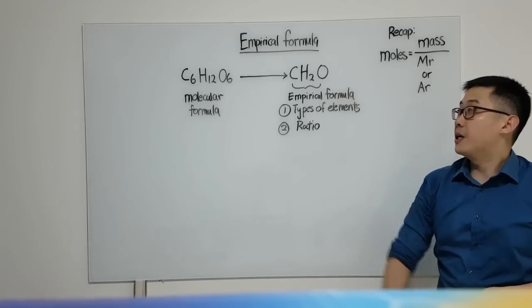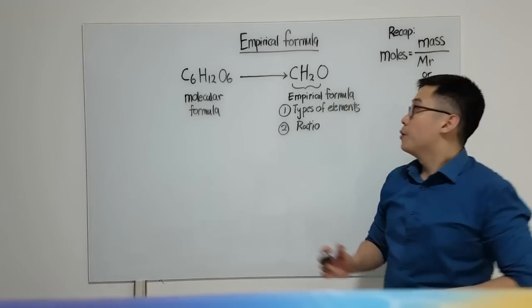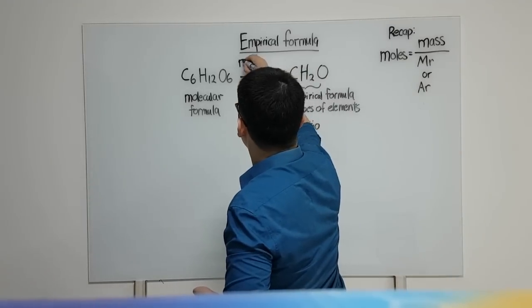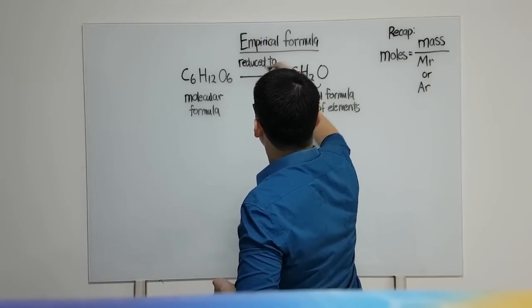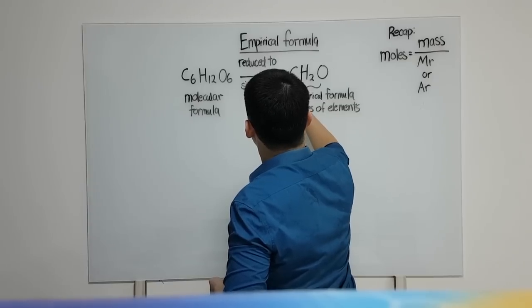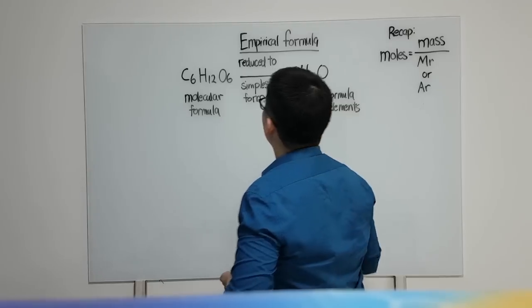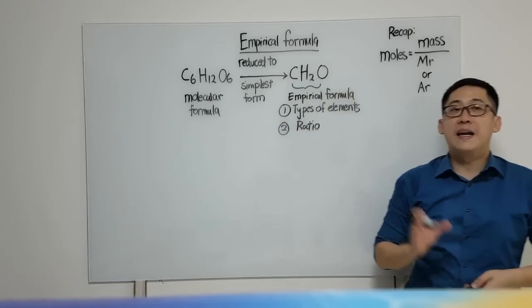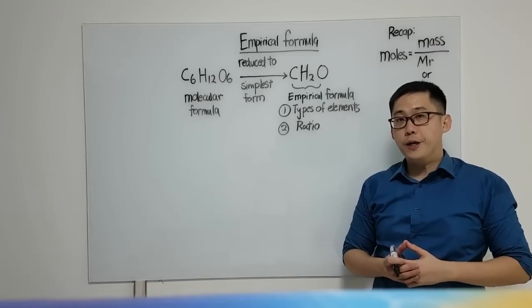In order to get the empirical formula from the molecular formula, we simply reduce everything to the simplest term. And this is how you can get the empirical formula.